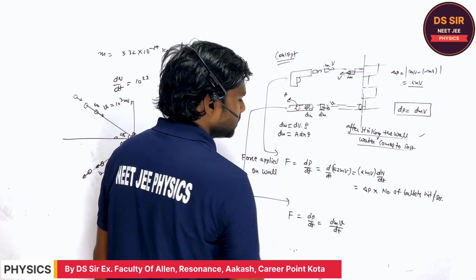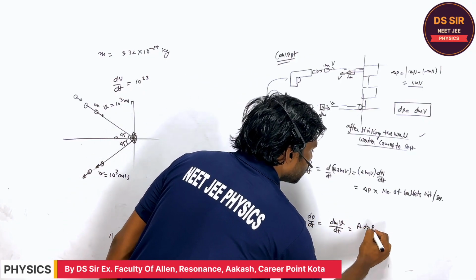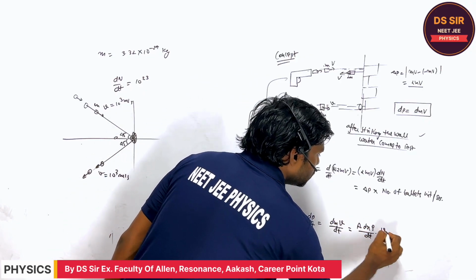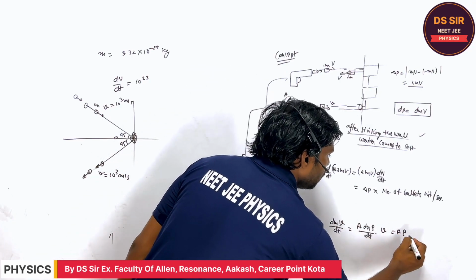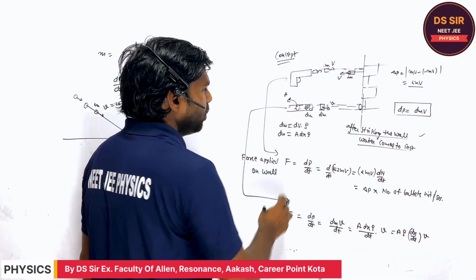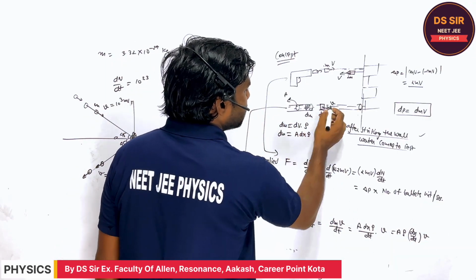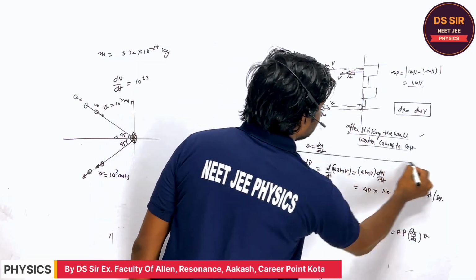So this is the dm mass. So in the dm mass, I will write A dx into rho upon dt into speed v. So this is A into rho, dx upon dt into v. What is dx upon dt? The speed is nothing but dx upon dt. Are you getting or not?